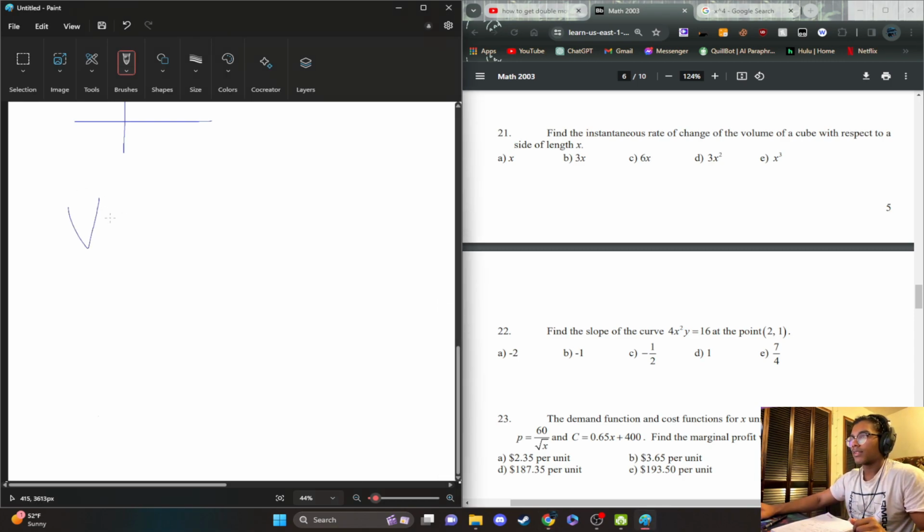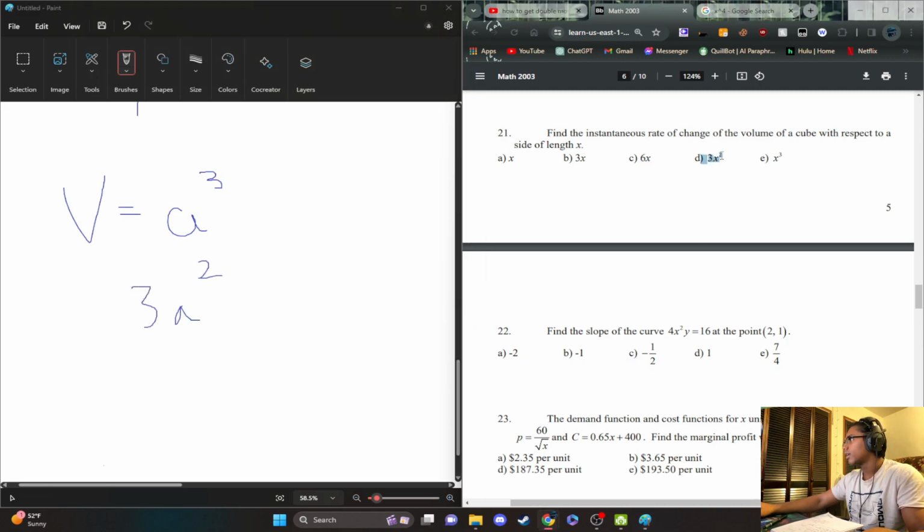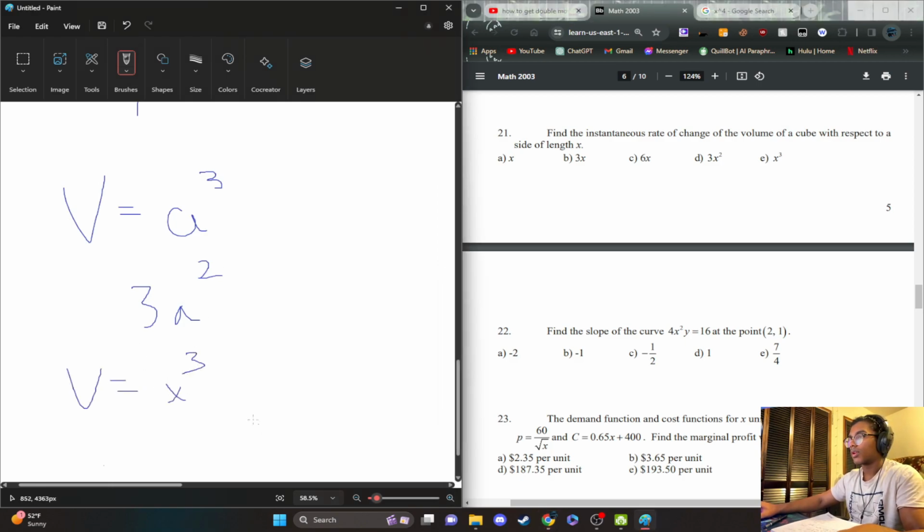So basically, they're asking for the derivative of this. V equals a cubed. The derivative is 3a squared. And with respect to x as the sides, V equals x cubed. You can also write that. And you have 3x squared.